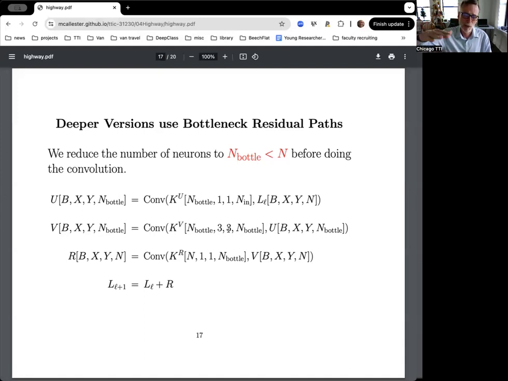Since we've got a lot more depth, we can get away with simpler convolutions. So we've got an image with a large number of neurons at every position. At each position independently, we reduce the number of neurons. How do we do that? We do it with a fully connected layer.